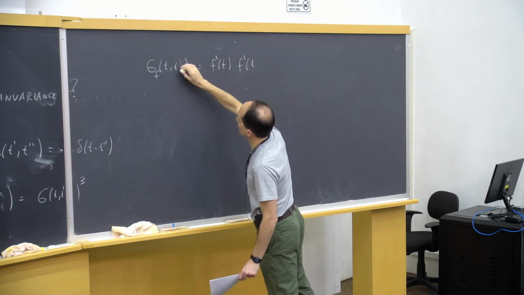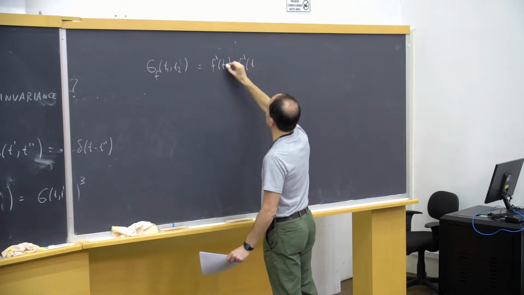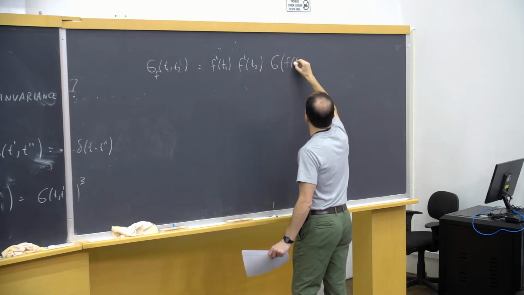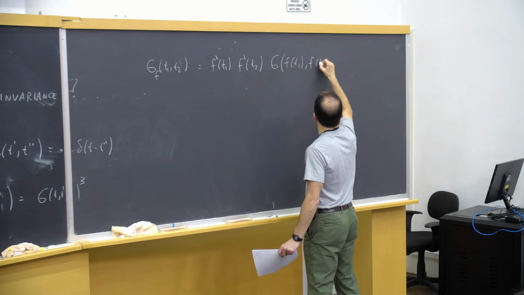Let me call the times t1 and t2, so we have g of f of t1, f of t2.